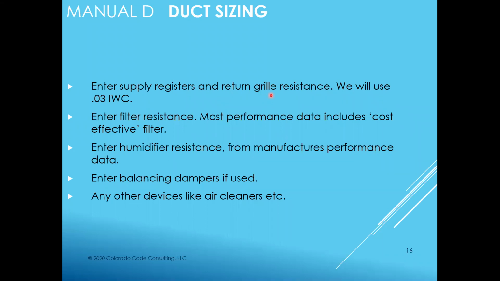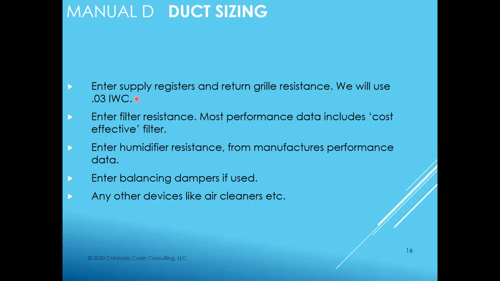That's the grilles at the end of the supply air and the return air. 0.03 is an acceptable standard to use. Manual T, which is something we haven't talked about, gets into very fine detail about resistance of register grilles, supply registers and return grilles.